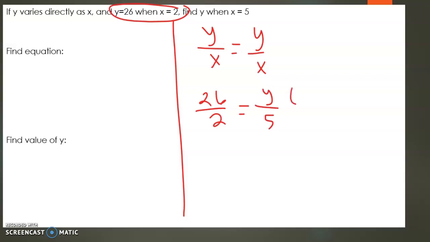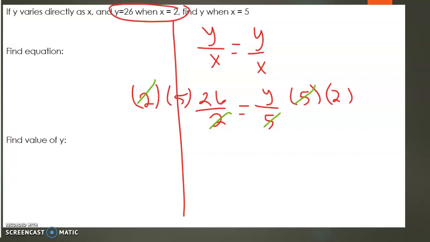Again, I'm going to multiply both sides by 5 to get rid of the 5 in the denominator there. I'm going to multiply that side by 2 and that side by 2. When that happens, that 2 goes away with that 2, and that 5 goes away with that 5.